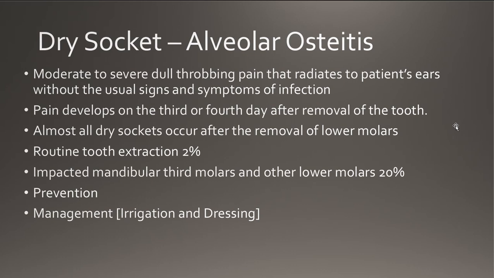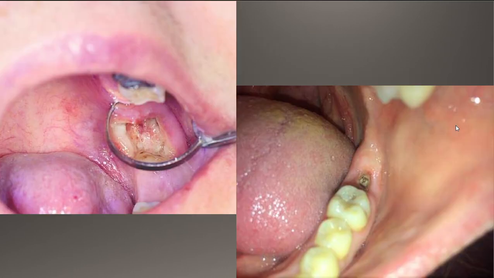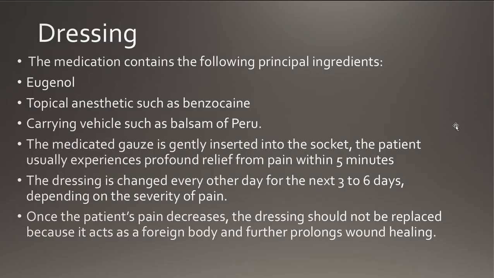Patients do not comply with the instructions, so they smoke and dry socket happens. Now, the management: we irrigate and put a dressing material. This dressing material has eugenol, anesthetics, and a carrying vehicle, and it's changed every other day for the next 3 to 6 days depending on the pain. Once the pain decreases, we should not replace it because it acts as a foreign body and further prolongs wound healing.